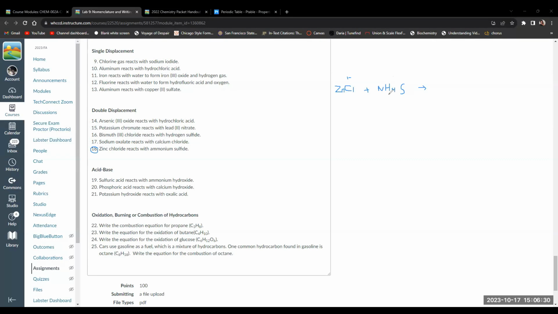So what's the charge of zinc? Zinc is a transitional metal, and we're not given a charge here. So if it's a transitional metal, in this case, and there is no parentheses, it's the same as saying 1.